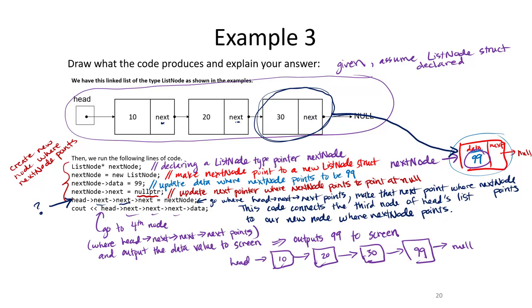Notice how helpful these pictures are for visualizing what's happening. I highly recommend that you take the time to go through these examples and make sure you really understand what each line of code is doing. It's really important that you understand the arrow operator and how to create and manipulate these linked lists.